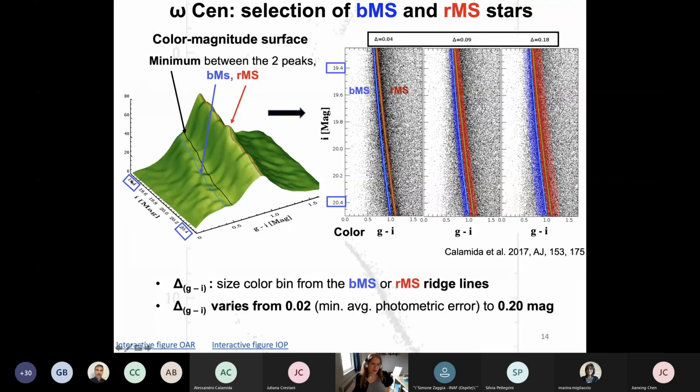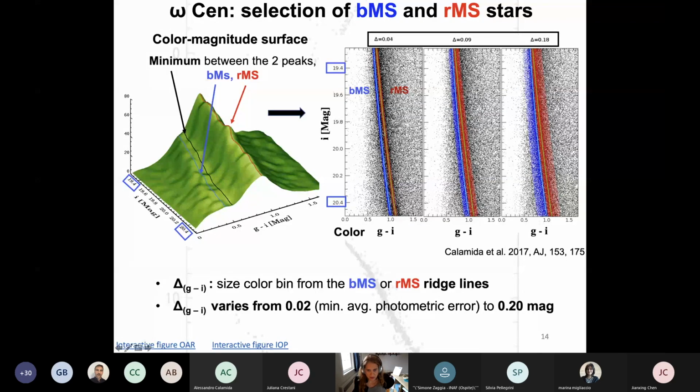We divided the stars in magnitude bins. This is the I-band. You see it also here in two dimensions only, and this is a surface density of the stars. You see clearly there are two peaks, the blue main sequence and red main sequence peaks, and a minimum between these two peaks. So we established that minimum, and then we started selecting stars around these ridge lines.